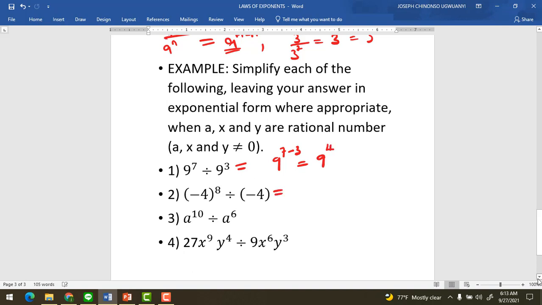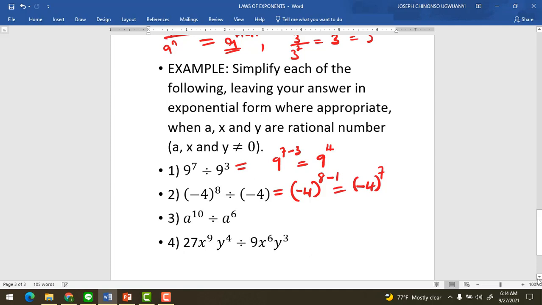Then the second one, minus 4 exponent 8 divided by minus 4 exponent 1, is equal to minus 4 exponent 8 minus 1. This is equal to minus 4 exponent 7.